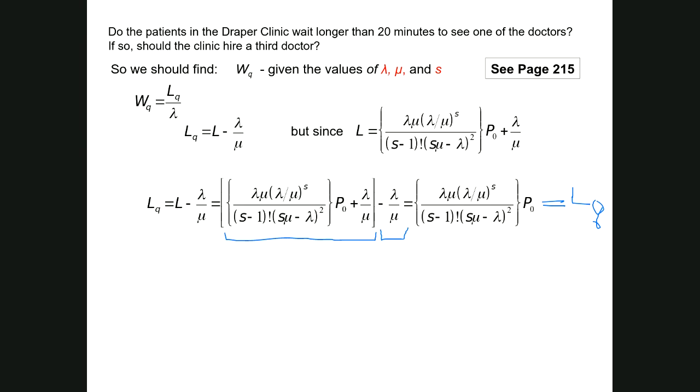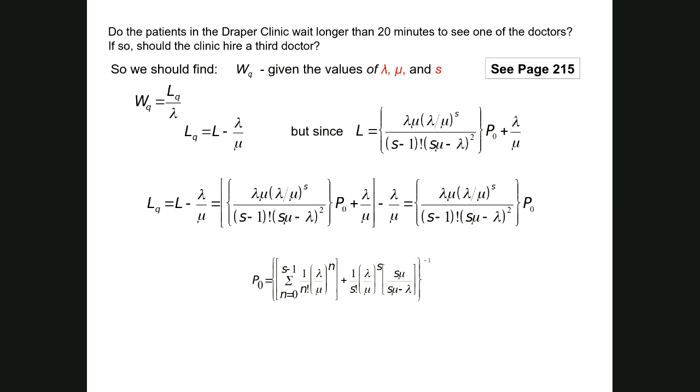But we still need P sub 0. So now let's see what P sub 0 is. P sub 0 is this term, and we're going to work through that very carefully. The first term is a sum, and this symbol is a summation symbol. And then this term is fairly straightforward.